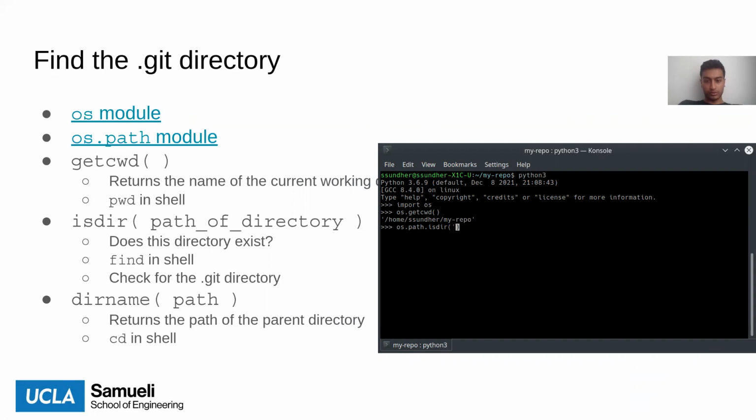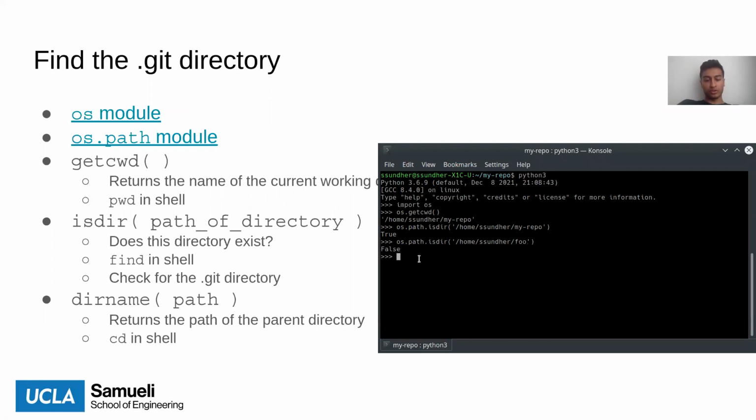Oops, I gotta put it in quotes. /home/sender/my_repo. Press enter and it returns True. Now, if I put in a directory that doesn't exist, like let me invent some garbage, /home/sender/foo, well, it returns False because this directory does not exist.